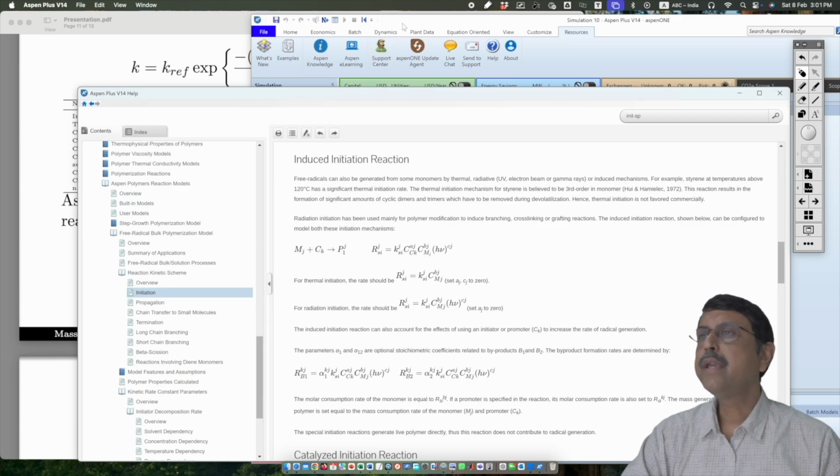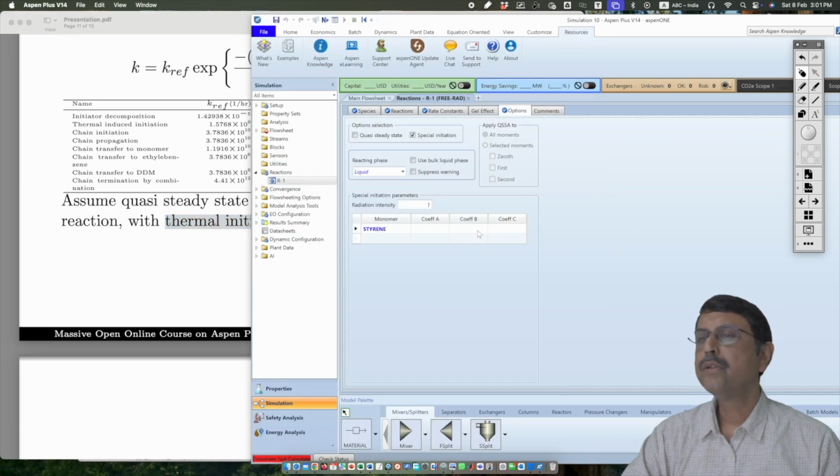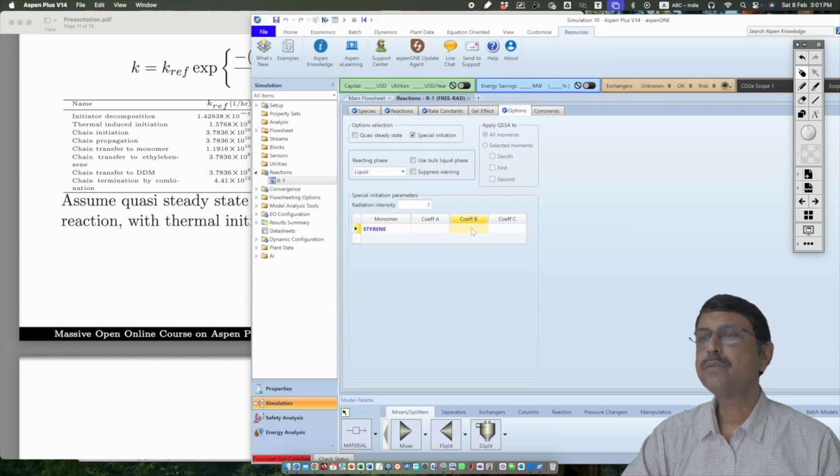Now here we have been told that we have a thermal initiation coefficient 3 for styrene. So it is only thermal initiation. Here we do not have any radiation initiation. So for thermal initiation we have coefficient 3.